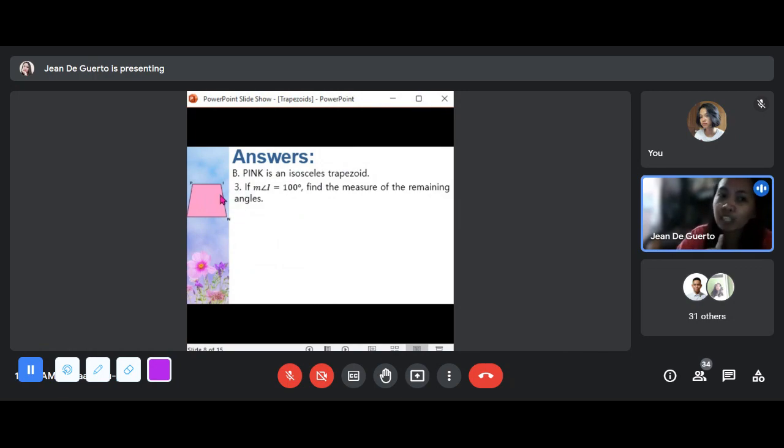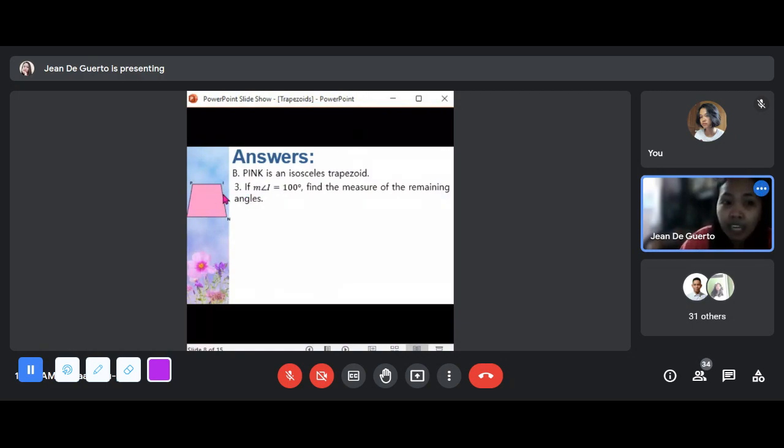Okay, yung isang solution, sabi ko kanina, sa isosceles trapezoid, though hindi siya nakalagay dun, the consecutive pair of your angles in an isosceles trapezoid, provided they are not base angles, are supplementary.